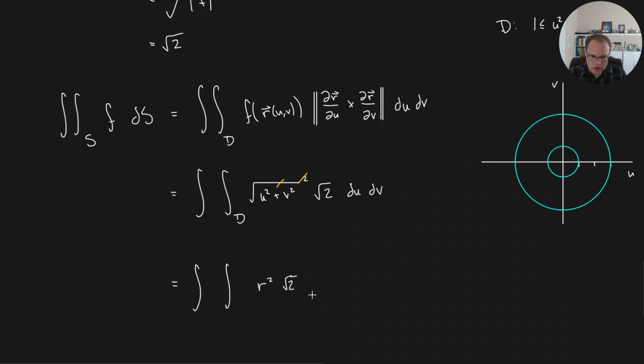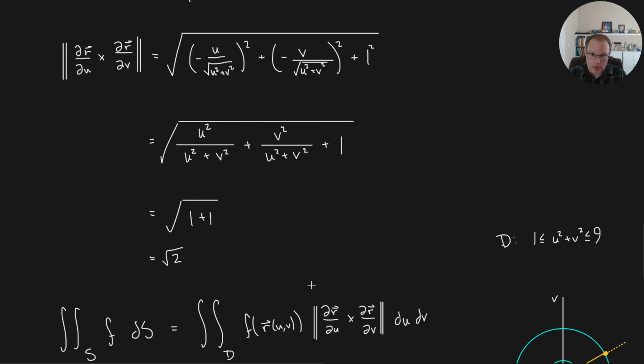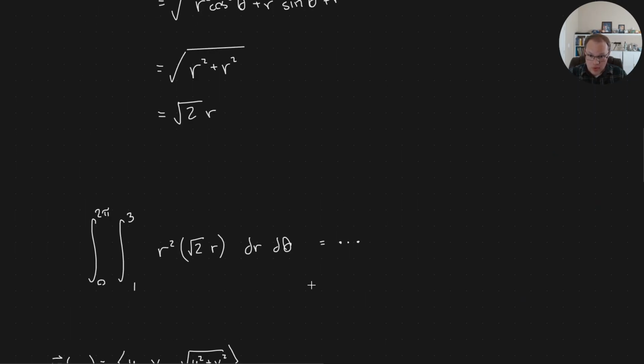Because I'm making a change of variables to polar, I get an extra r. r is going to go from 1 to 3, right? Edge of this circle, radius 1, edge of this circle, radius 3. And my theta goes all the way around, 0 to 2 pi. And I get exactly the same integral that I got before.